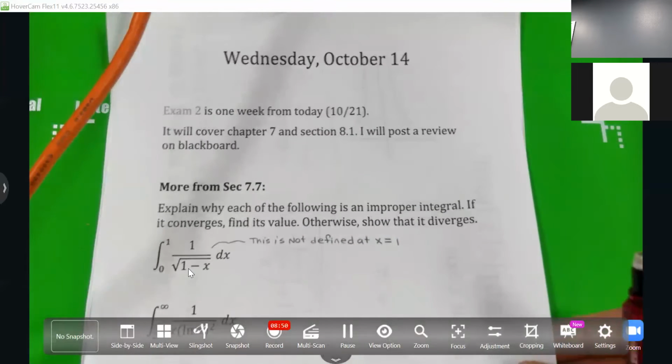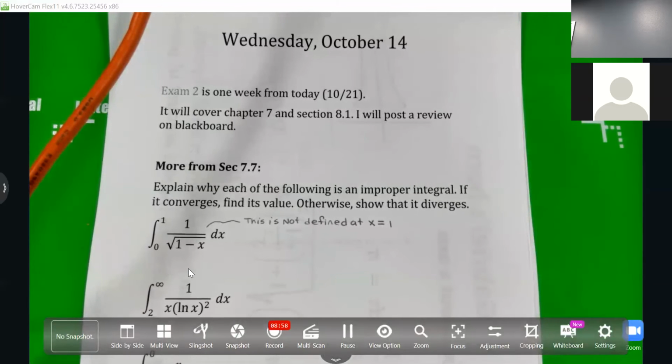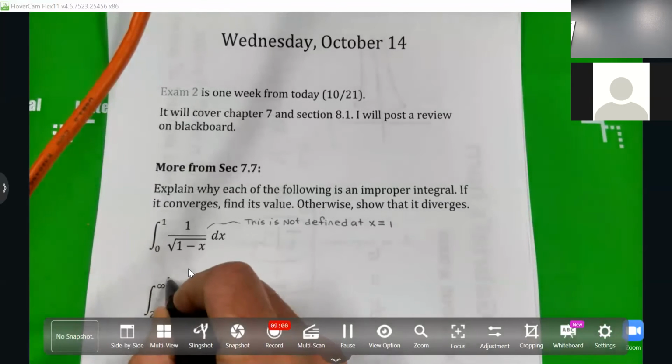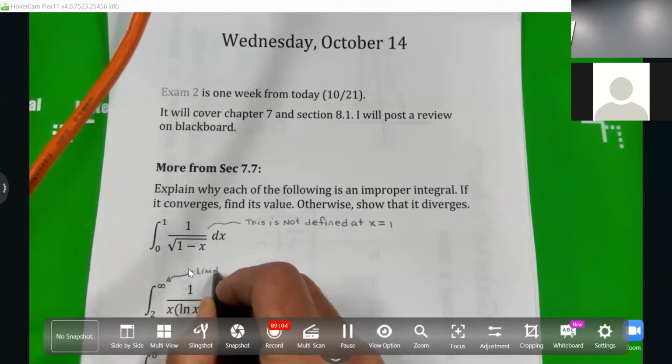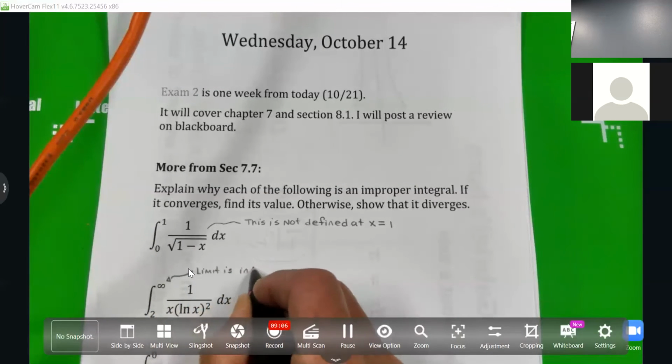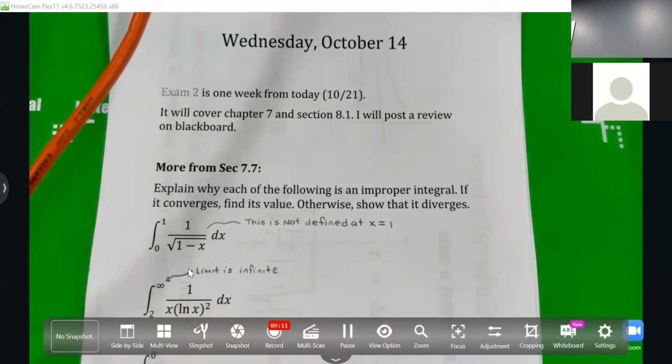Okay, my next example has an infinite limit, a bound up there on top, and that's what makes it improper. I also have a denominator and a logarithm, so I have to make sure that those are both defined in that part of the number line from 2 to infinity.